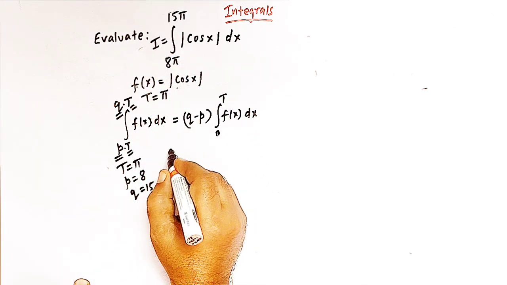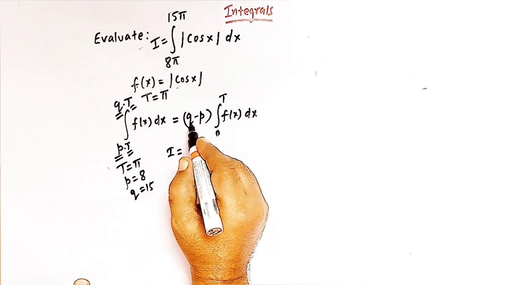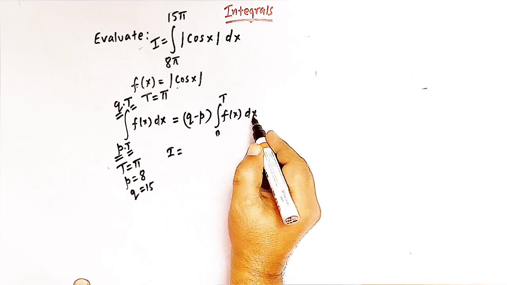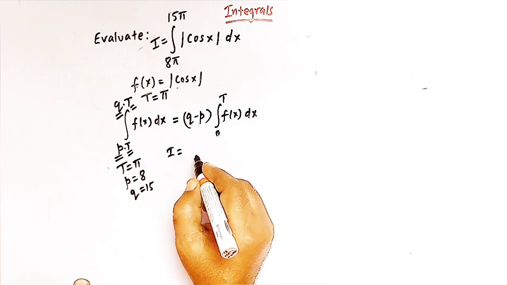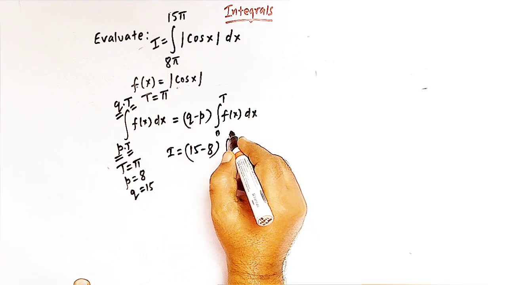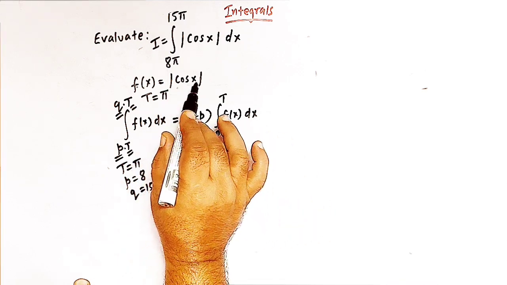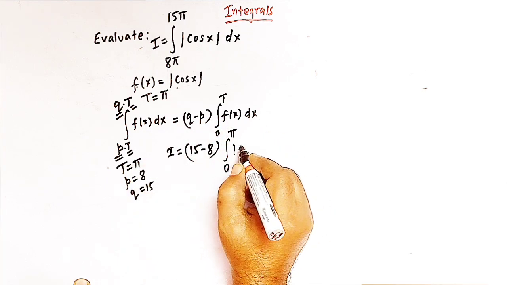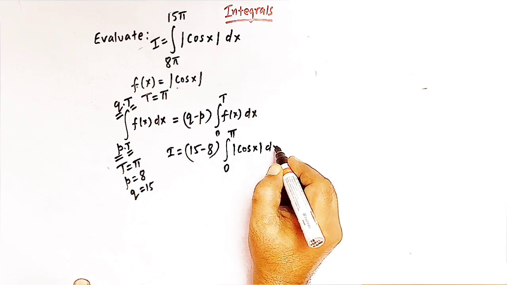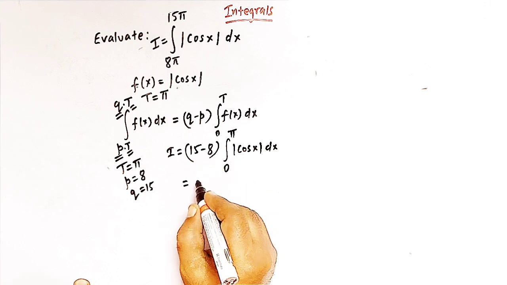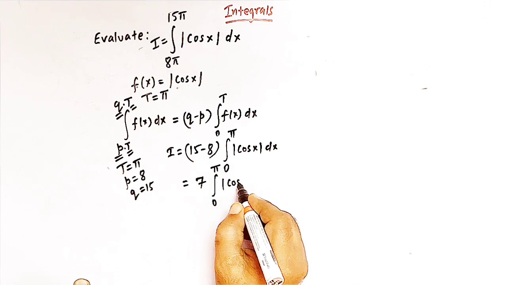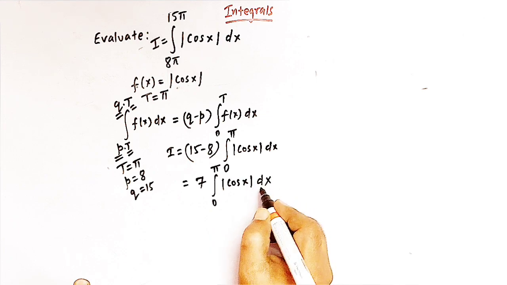So this integral I now takes the form q minus p times the integral from 0 to t of f of x dx. So we have q minus p, that is 15 minus 8, and here we have 0 to pi, because the period of mod cos x is pi, and f of x is mod of cos x, and here we have dx. So 15 minus 8 is 7, and here we have 0 to pi, mod of cos x dx.